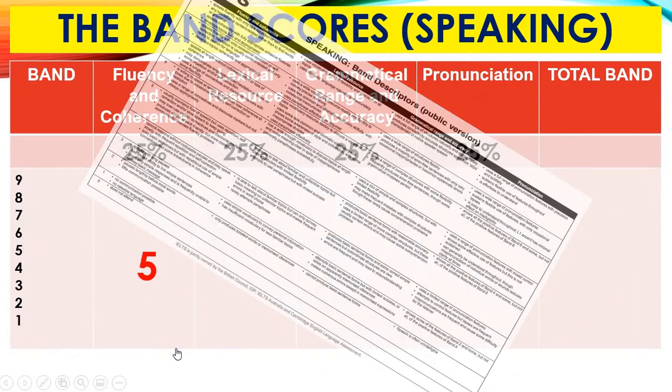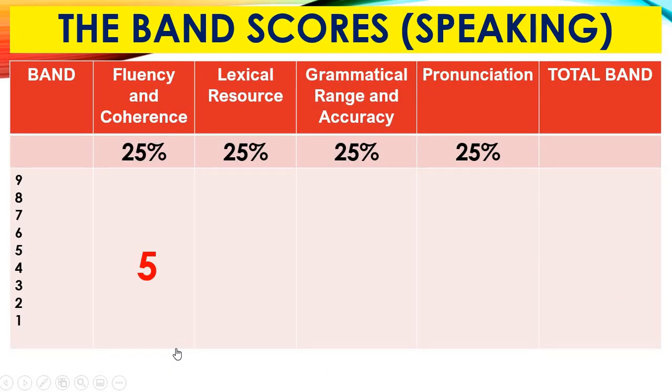So let's continue. Let's say you have here band scores 1 to 9. For your fluency and coherence, you got 5. That's 25%. And for your lexical resource or vocabulary, you get 6. Grammatical range and accuracy, you get 5. And for some reason, you get 3 in pronunciation.